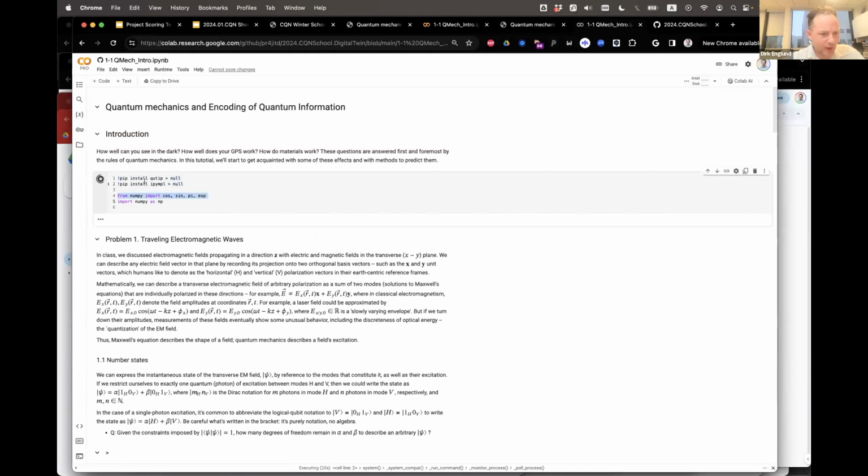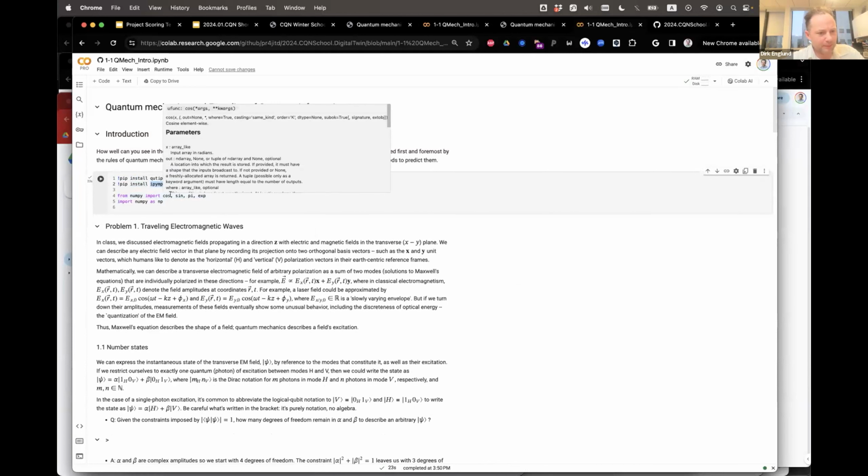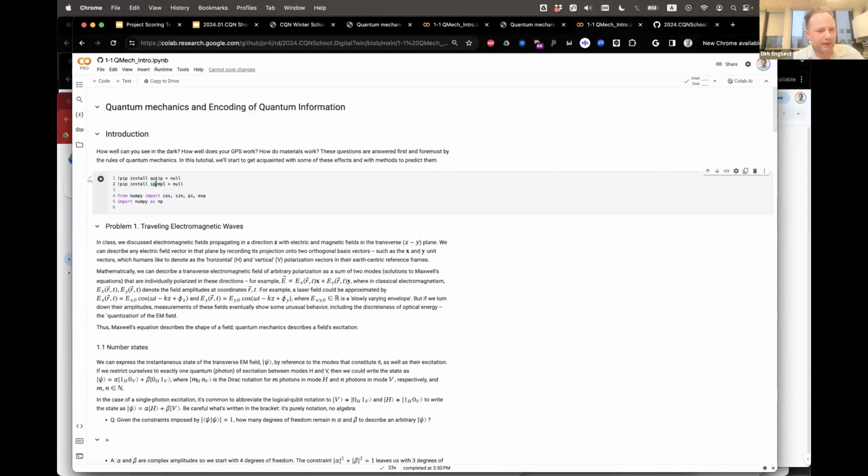And then we're also installing the library here, and from NumPy, which is the numerics package from Python, we're getting cosine, sine, pi, etc. Now we just talked about traveling electromagnetic waves.